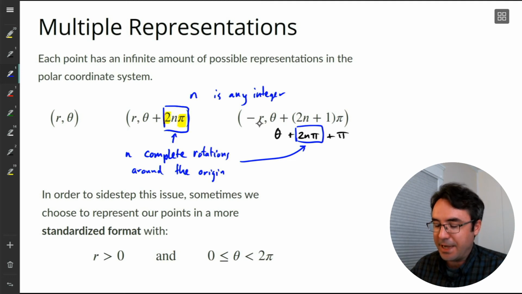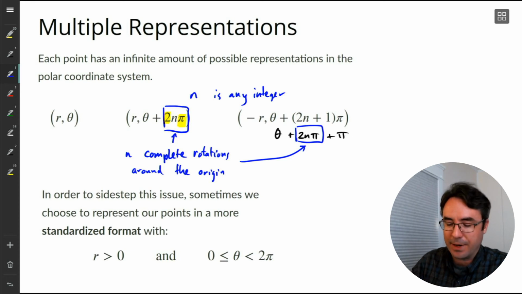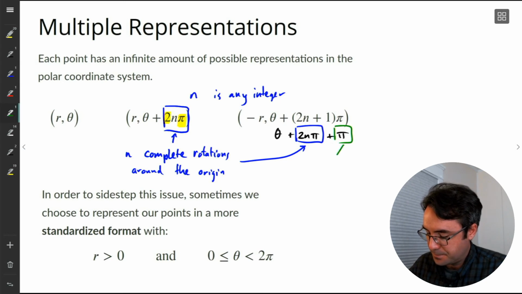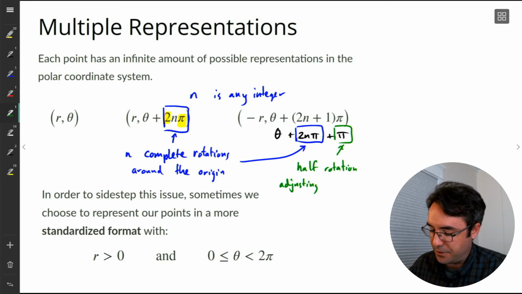And if we negate the r value, then we have to add pi on. So we do a half turn around. So this is like our half rotation, adjusting for the negated r value.